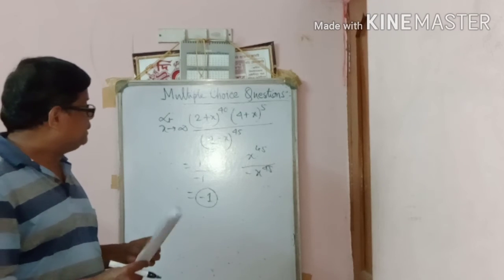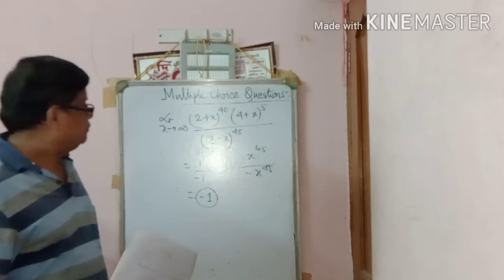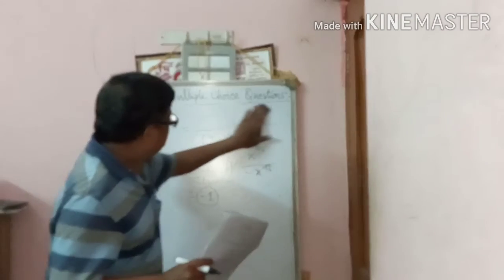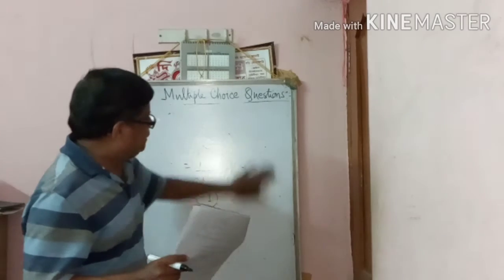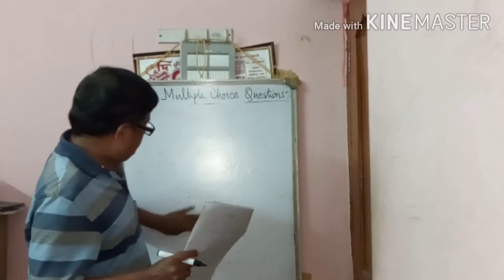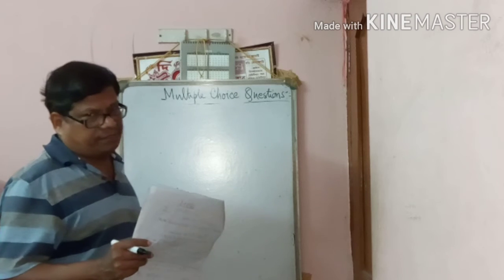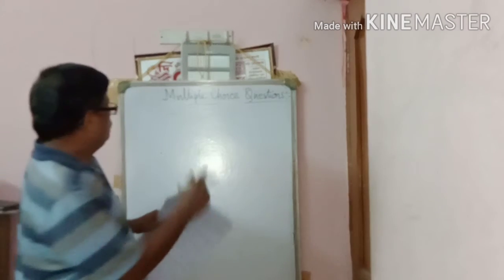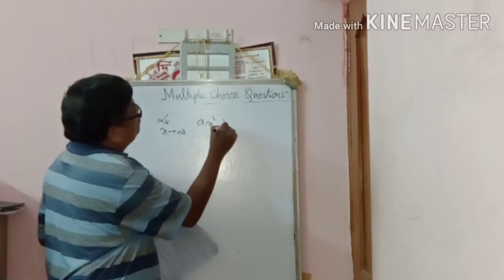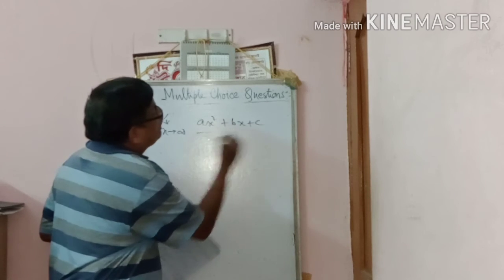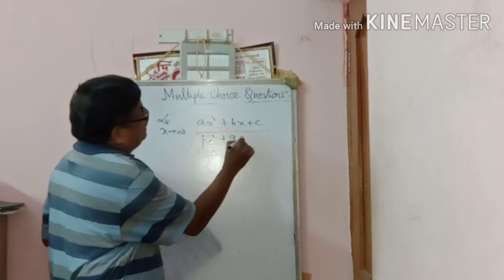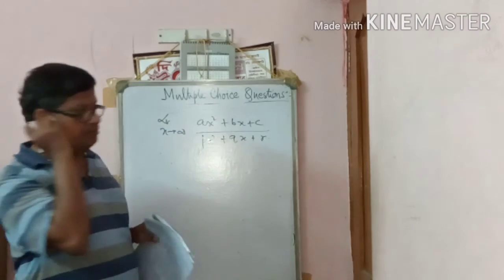Similar way, next. If both the powers are the same, suppose limit x tends to infinity of (ax square plus bx plus c) by (px square plus qx plus r).